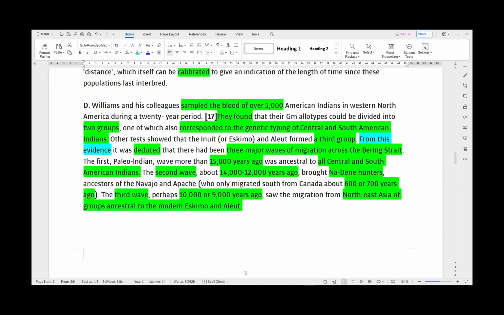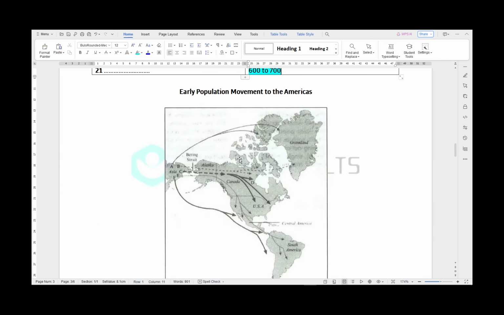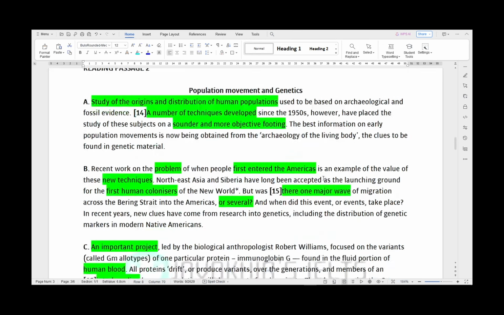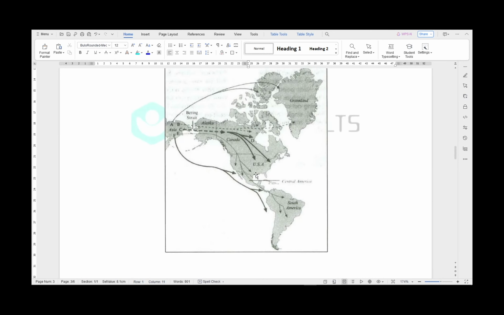So basically that means only option E is going to the Central. Is it Central and South American Indians? Who's going to the central area? So if it's E, it's only that.